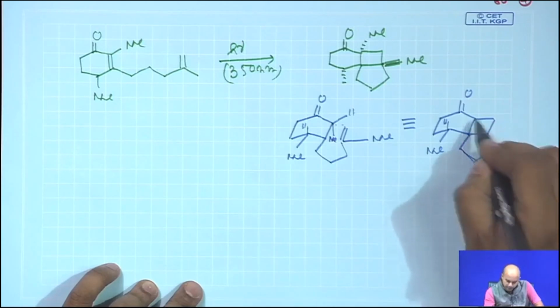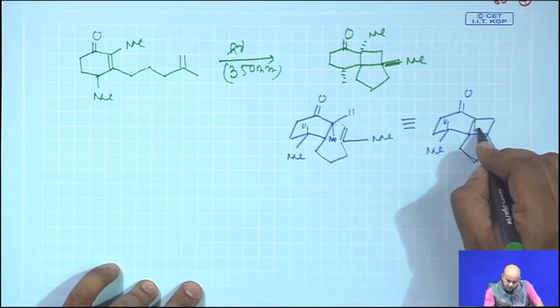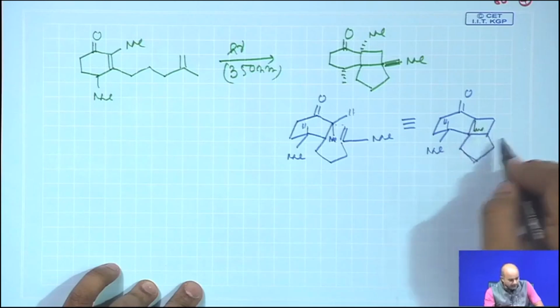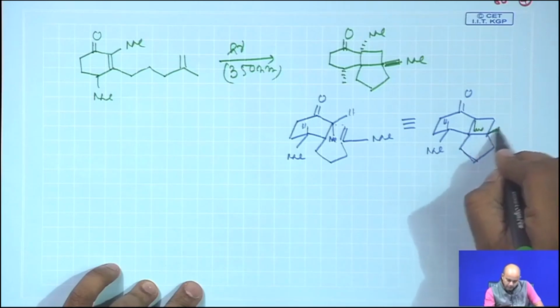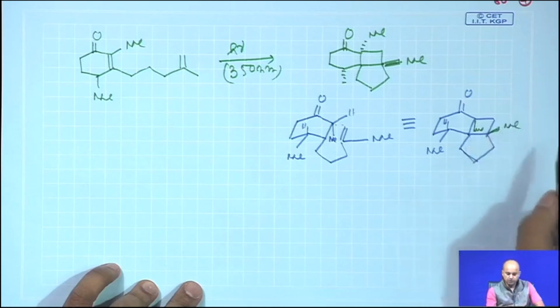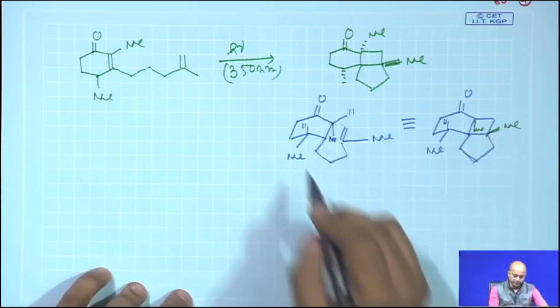Now here you say that the transition state will be trying to have this methyl below and this methyl above in this cyclobutane ring to avoid the steric interaction in the TS.